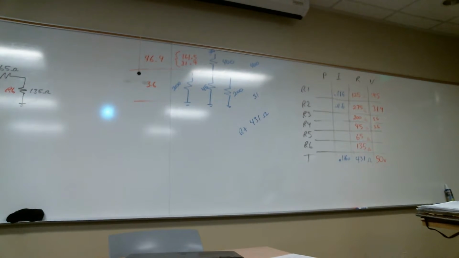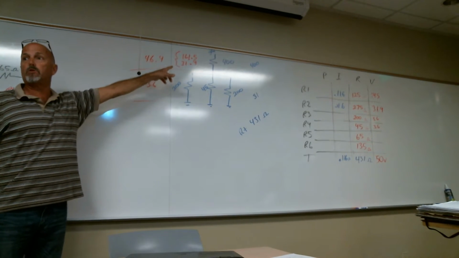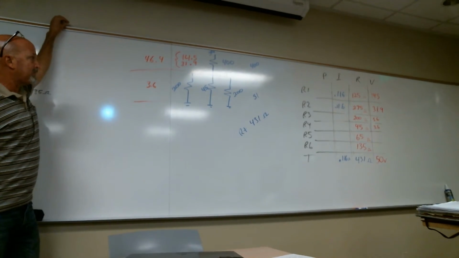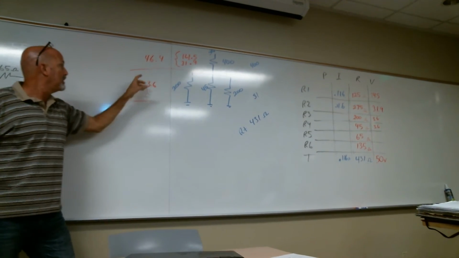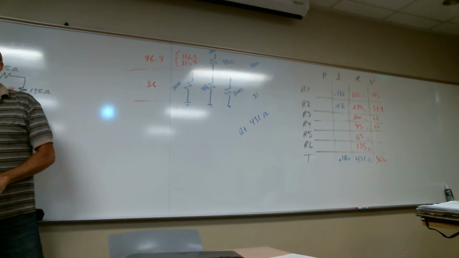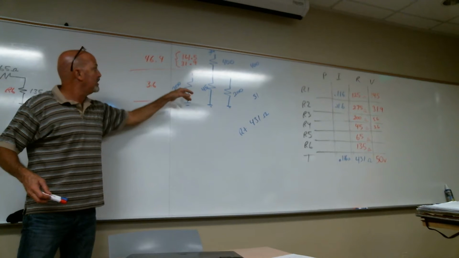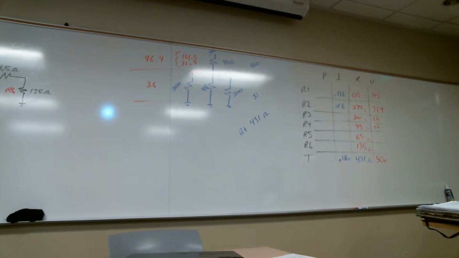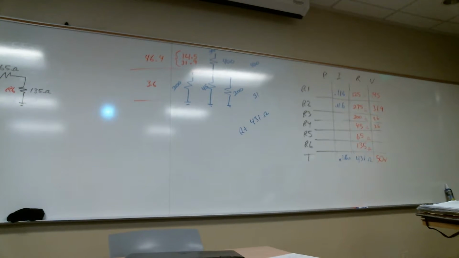One's 14.5 and one's 31.9, so combined they're 46.4, and it's a 50 volt power supply. This parallel section sees 3.6 volts. Since R3 and R4 are by themselves, they see the full drop. R5 and R6 are in series, so they'll see it too, but combined.